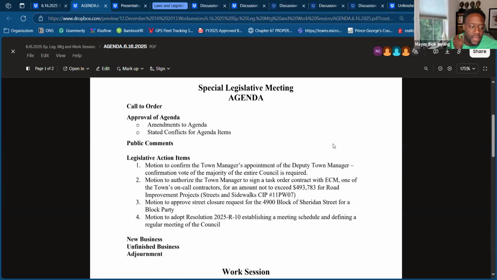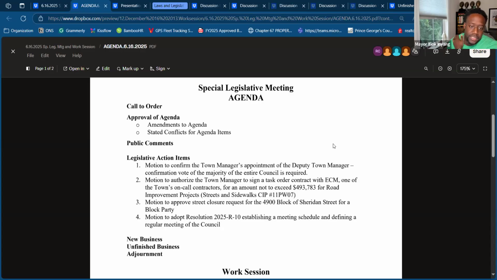So the agenda as presented is missing the unfinished business. We can vote to approve the agenda that is amended with the undesignated social concerns line item added to the unfinished business for the social legislative meeting.